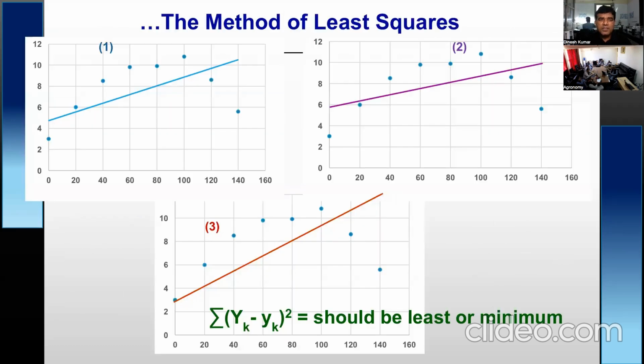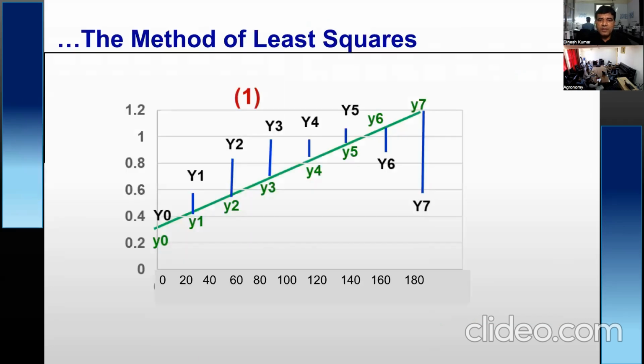You see, these are actual data given by dots, and you need to find a line that can represent this data. If you take the differences between the actual, observed data that you have recorded from the field, and the predicted line, you get the respective data, because these are paired observations. For every independent variable, you have respective values of the dependent variable.